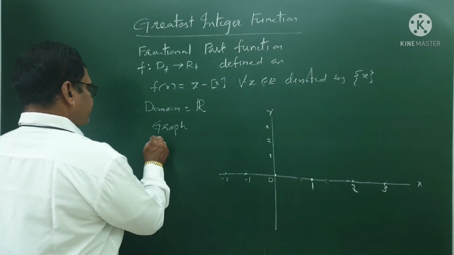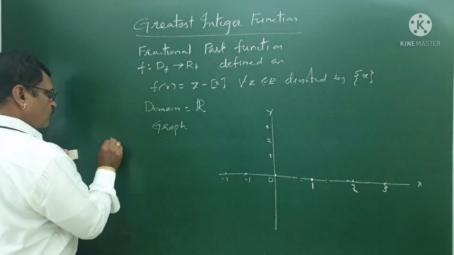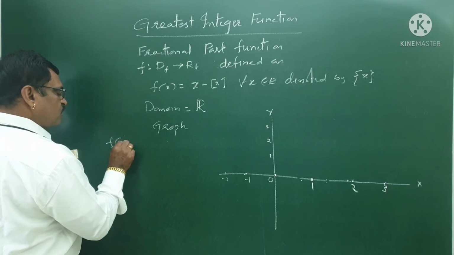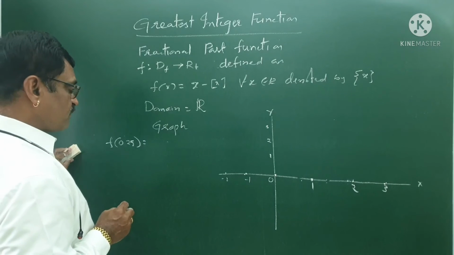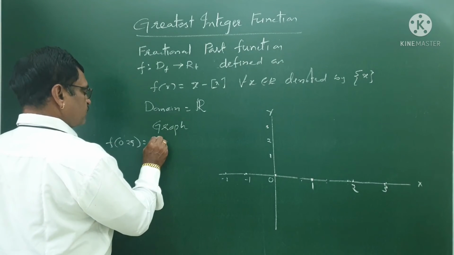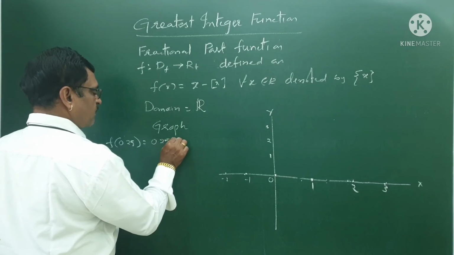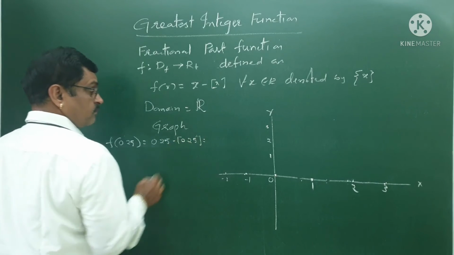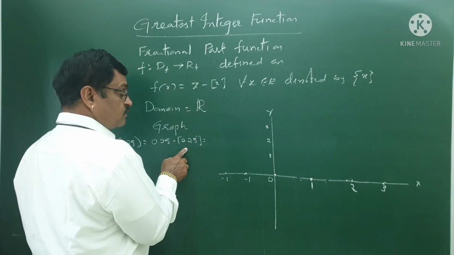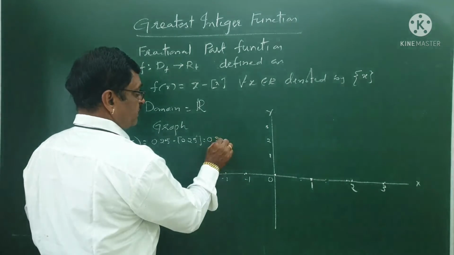I go for f of 0.25. F of 0.25 is equal to 0.25 minus integral part of 0.25, and you know very well this is 0, therefore we have 0.25.